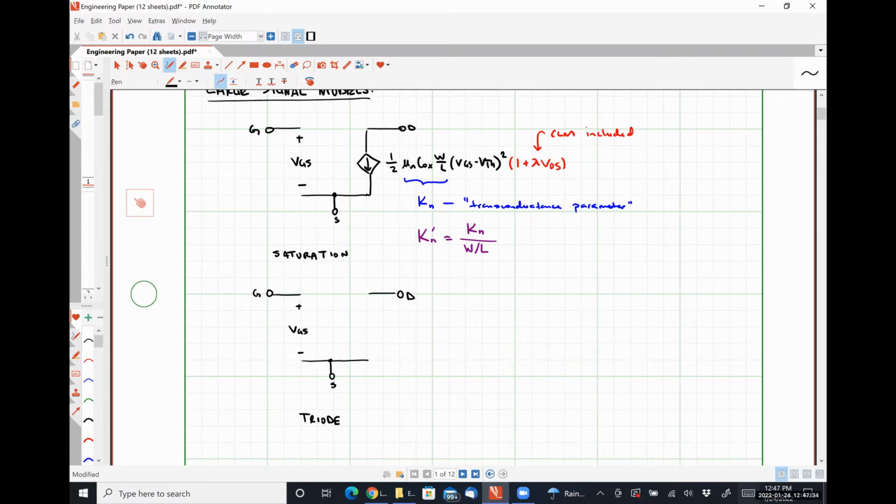We know that in the triode region, there is a current flowing from the drain to the source having a value of mu n Cox W over L times the quantity VGS minus VTH times VDS minus 1/2 VDS squared. So effectively, we're going to have another dependent current source. It's just going to supply a different amount of dependent current.